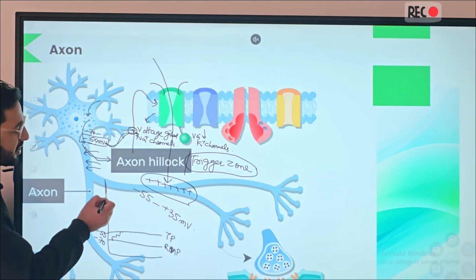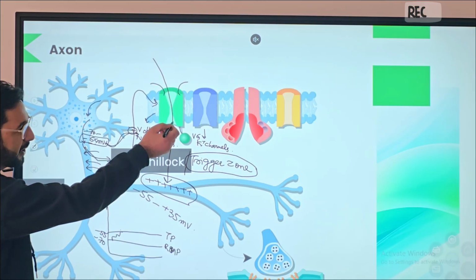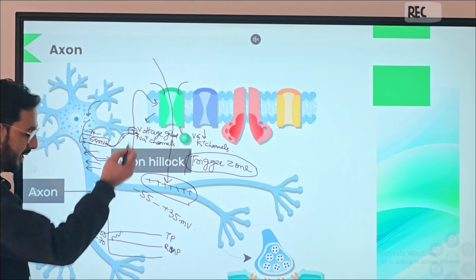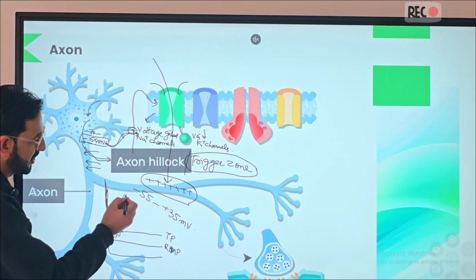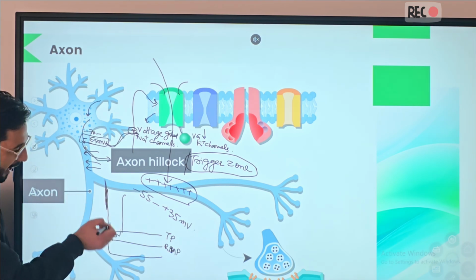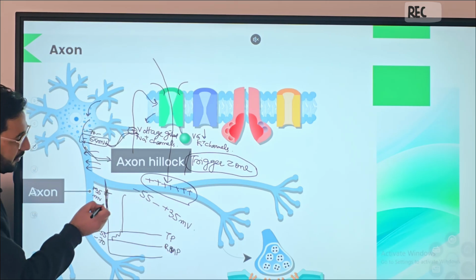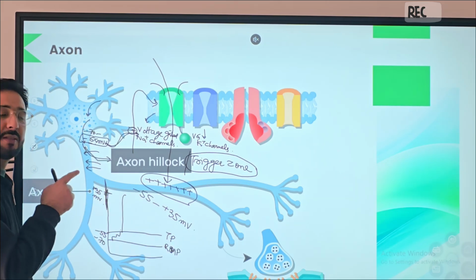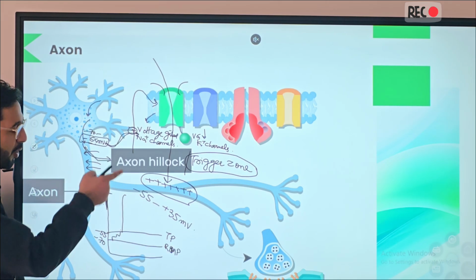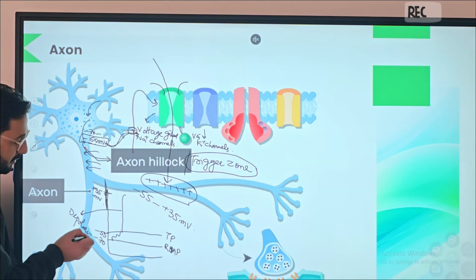Once the threshold potential is reached, there will be opening of these voltage gated sodium channels, and it will generate the action potential. It will go from -55, for example, to +35 millivolts. And this rise from -55 millivolts to +35 millivolts is called the wave of depolarization.